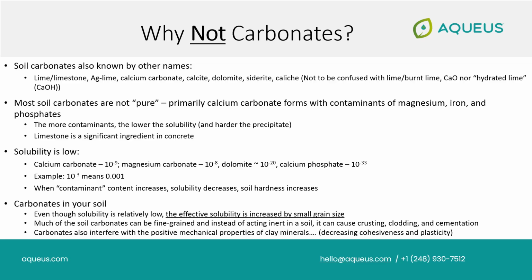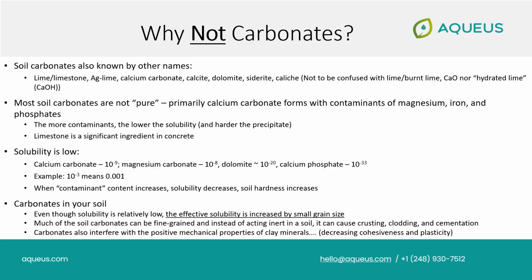Calcium carbonate, calcite, dolomite, which has magnesium, siderite, which has some iron, and caliche, which is a contaminated form of carbonates, also often with both iron and magnesium in it. Its composition varies locally, but it gets very, very hard.